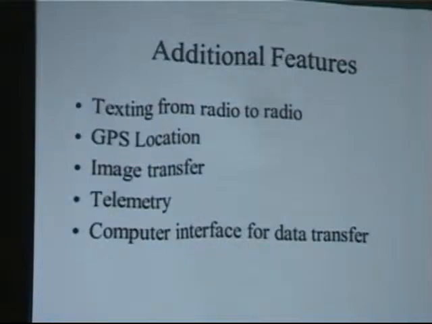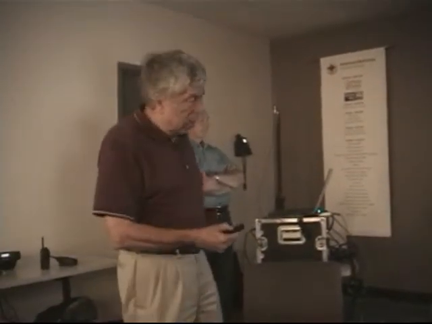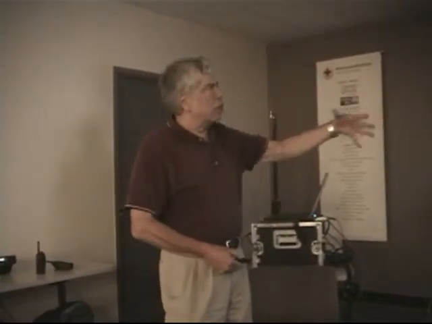Telemetry, with DMR and some of the formats, I can send a signal from my radio and close a relay on another radio. Like if I want to open my garage door, I could just drive up the street, or I could open my garage door from Poughkeepsie, you know, telemetry. And a computer interface so I can hook up and transfer data and text applications with D-Star like DRATs. So those are features that digital radios have.